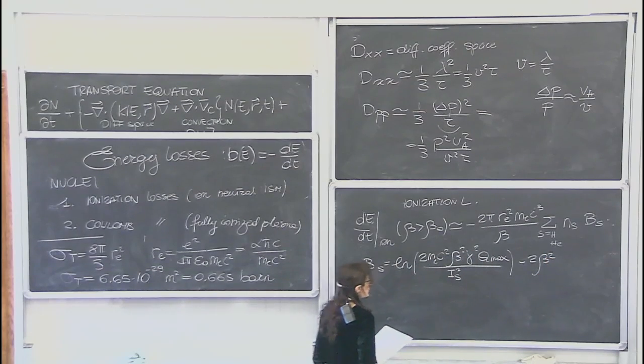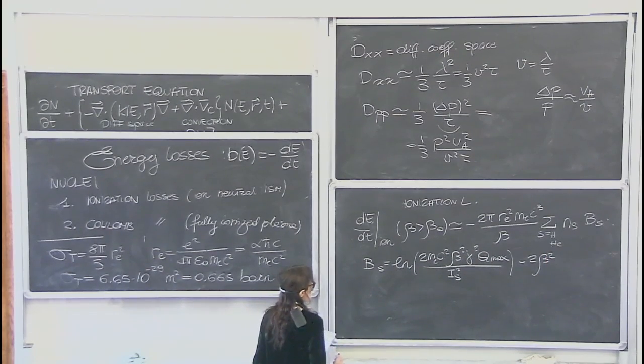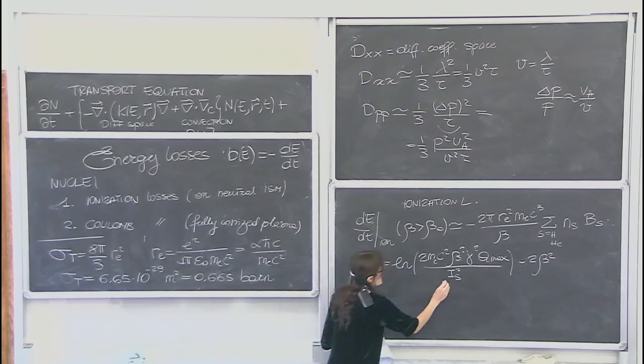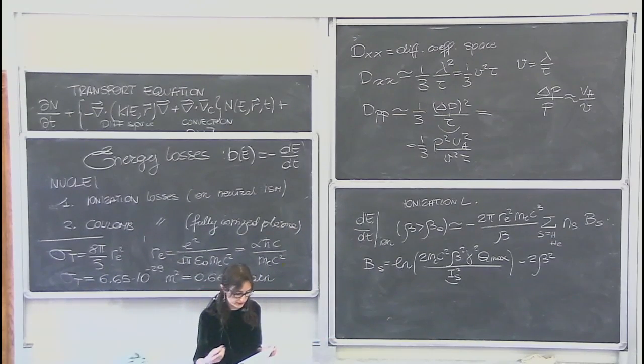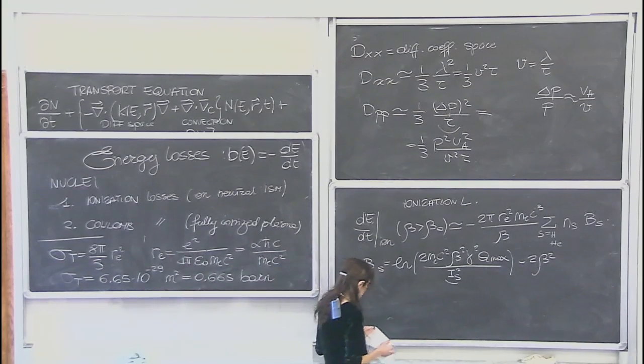So beta I defined is the velocity of the electron. IS are the ionization potentials for the nuclei in the interstellar medium. They are of the order of few tens of electron volts, to give you also a feeling of the quantities.